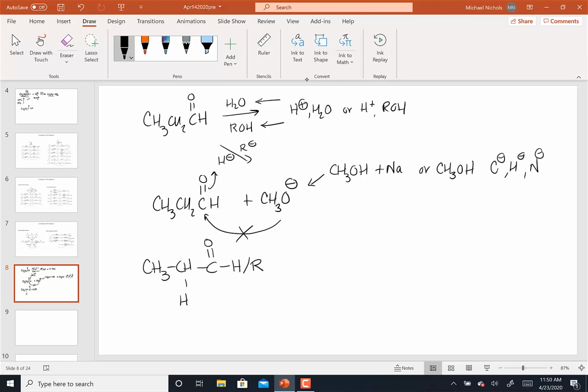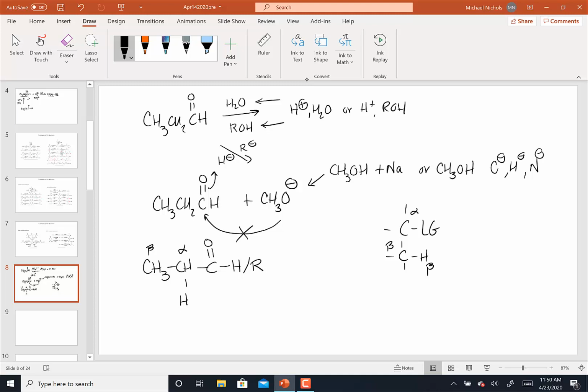Okay, so what does that mean? Let's talk a little bit about terminology here. The carbon next to a carbonyl group is called the alpha carbon, and then it goes down the line: beta, and then we would have gamma and delta. This is a little bit different terminology than what we've used in the past, because remember that if we had a carbon attached to a leaving group, we called that the alpha carbon, and then the carbon attached to it was the beta carbon, and then we had the beta hydrogen.